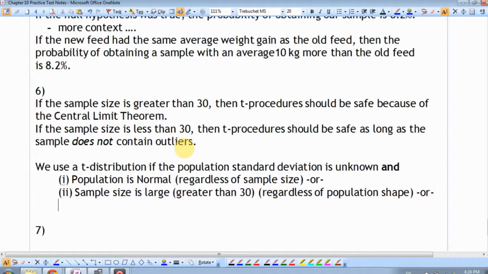Or sample does not contradict normality.